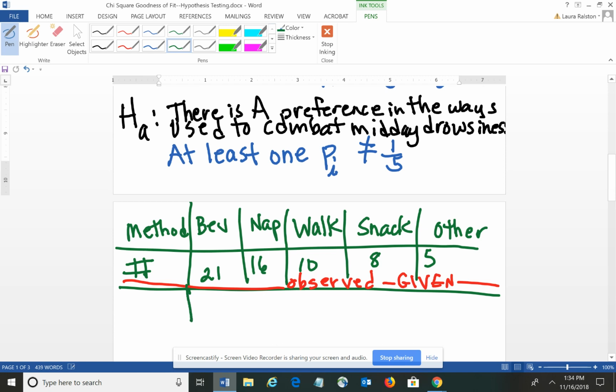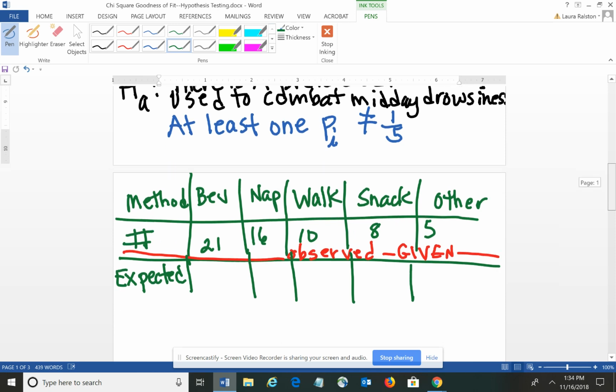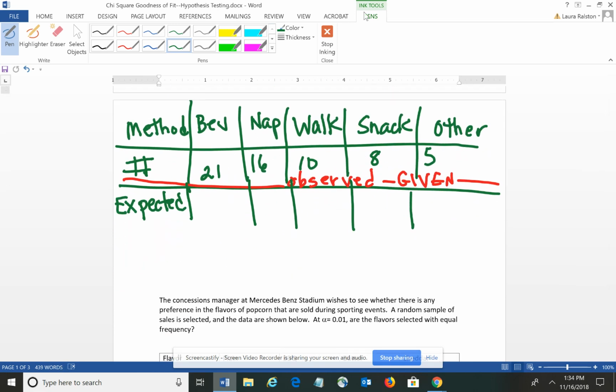To calculate our chi-square, we need to know theoretically, if there really is no preference, how many of the employees should have used beverage, or how many would have used nap, and so forth. It's a formula.